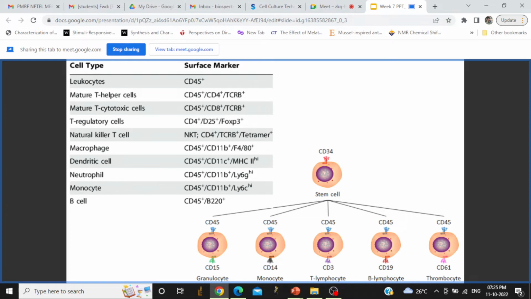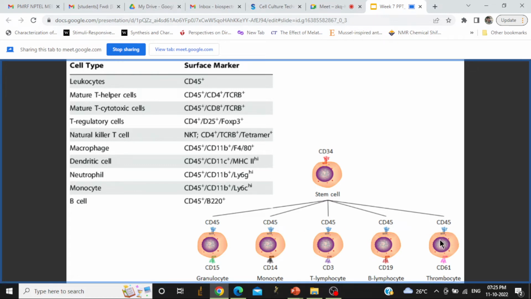So here I have shown in this slide. All the leukocytes have this CD45 marker. These leukocytes, as you know, are derived from the myeloid progenitor cell. There are different types of these cells like granulocytes, monocytes, T lymphocytes, B lymphocytes, thrombocytes. They all have this common marker of CD45. So CD45 is present in all of them.